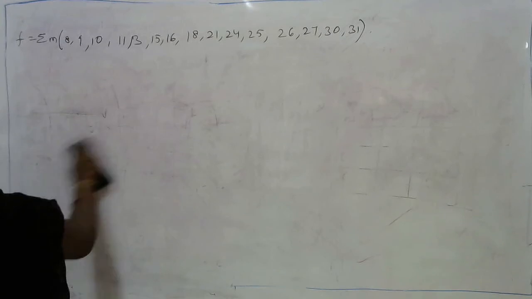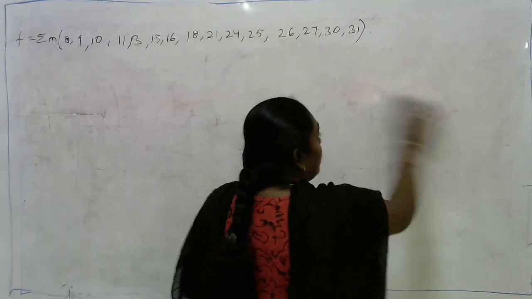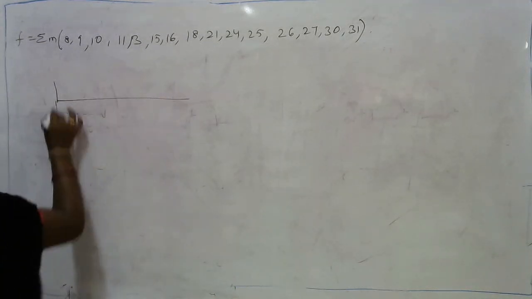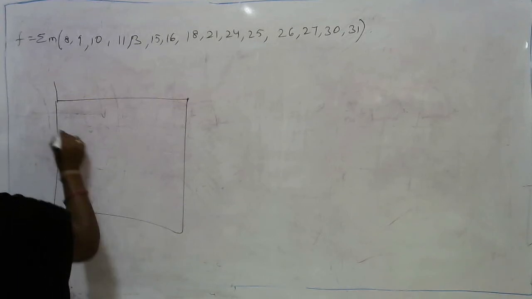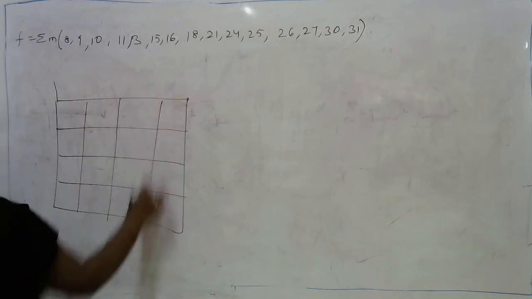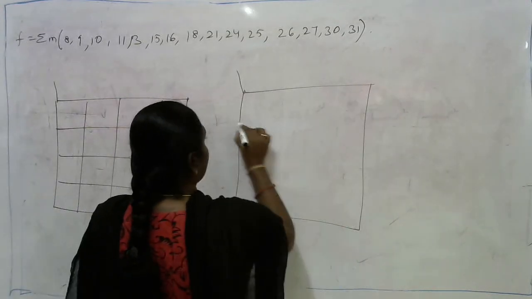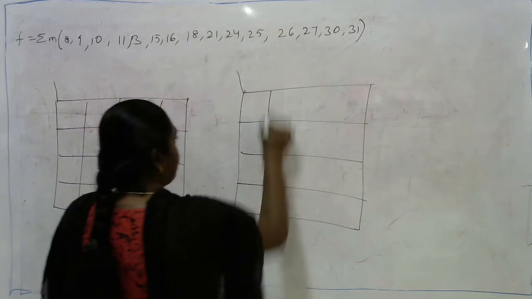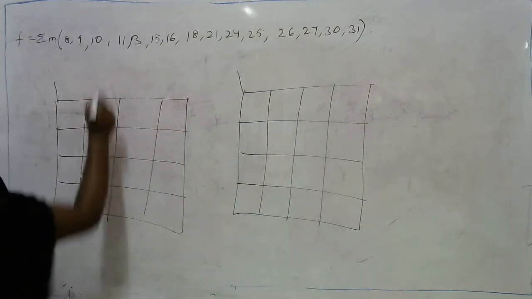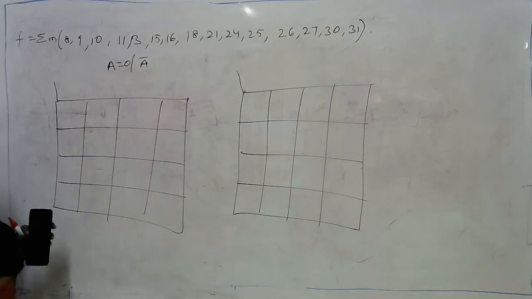So instead of drawing a 5 variable K-map, here I will be drawing two 4 variable K-maps separately. So this is one 4 variable K-map. This is the other 4 variable K-map. Now for the first one, these 16 cells, I am taking A equivalent to 0, so this K-map is related to A bar.